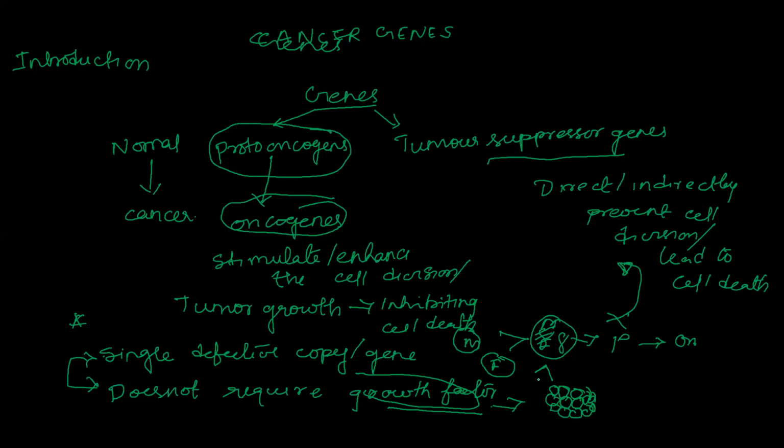On the other side, tumor suppressor genes are directly or indirectly involved in cell death, that is apoptosis. So talking about the oncogene, a single defective copy of the gene is enough for a proto-oncogene to get converted into an oncogene, and it does not require any growth factor.